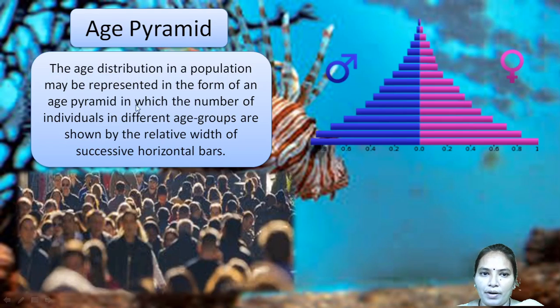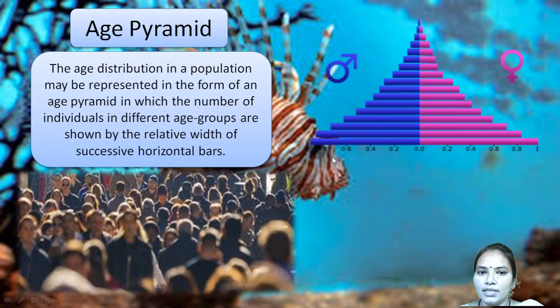The age pyramid. The age pyramid or age distribution in a population may be represented in the form of an age pyramid, in which the number of individuals in different age groups is shown by the relative width of successive horizontal bars.